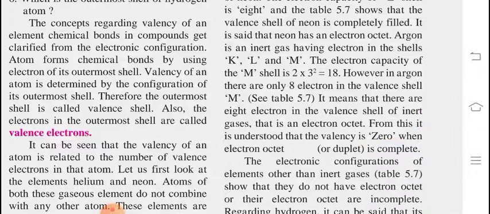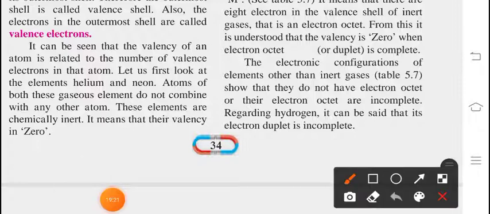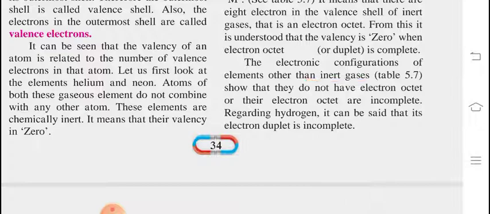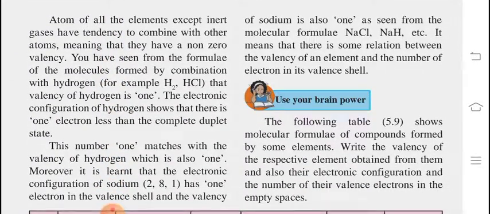The electronic configuration of elements other than the inert gases shows that they do not have an electron octet, or their electron octet is incomplete. Regarding hydrogen, its electron duplet is complete with one electron only, as I have shown you with the example of water, H2O.